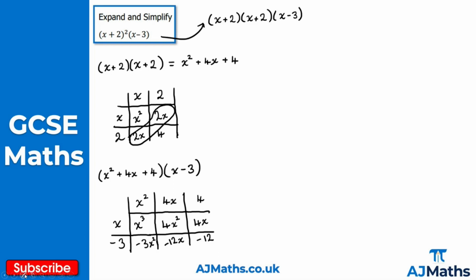Okay. What I'm going to do here is use a different pen color to highlight the diagonals. So this diagonal here will simplify, and this one here will also simplify. So now if we simplify, I've got the x cubed here.